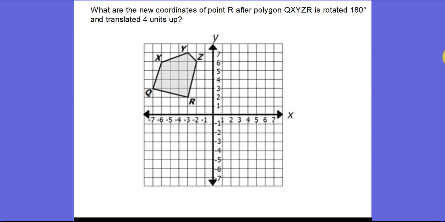Alright, so we don't need to translate or reflect or rotate all of the points. Our concern is just point R. So I need to rotate point R 180 degrees.